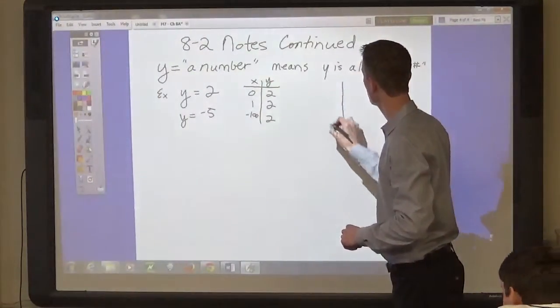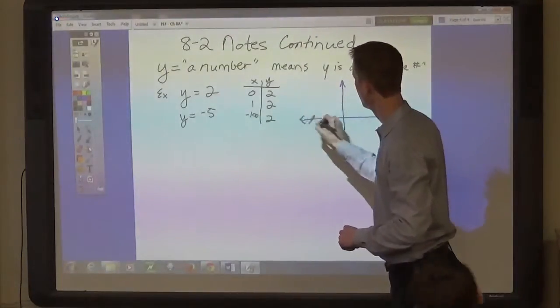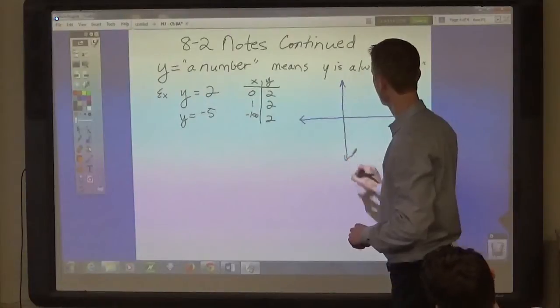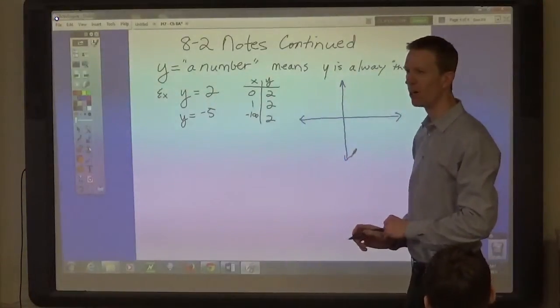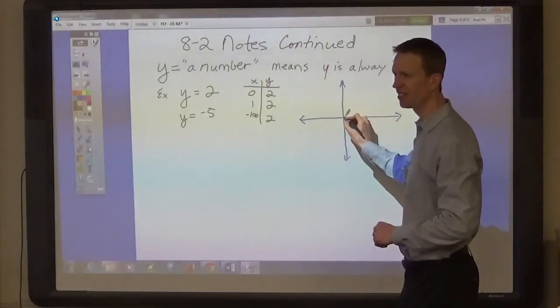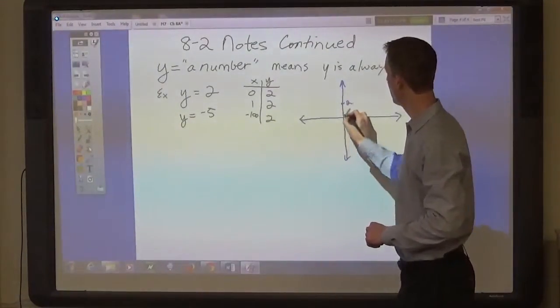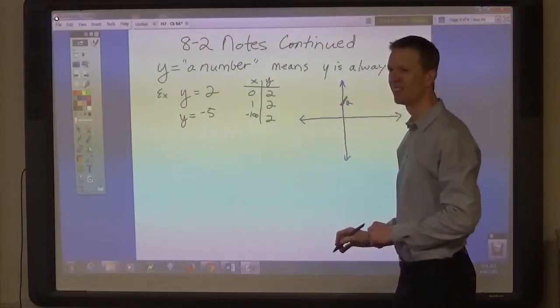No, describe. You're describing the points. Describe the line. It would be 2 up and going across. Not 2 up. Oh, well, 2 up from the 0. Yes. Okay. So if this is 2, here is 0, 2.